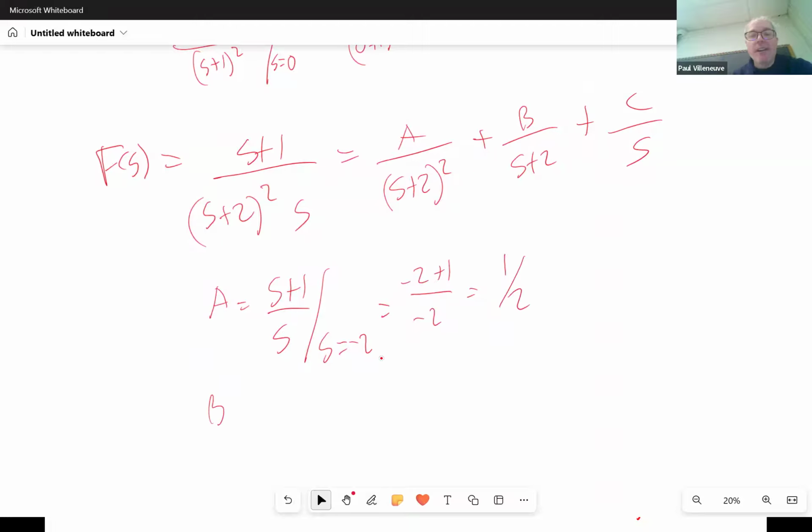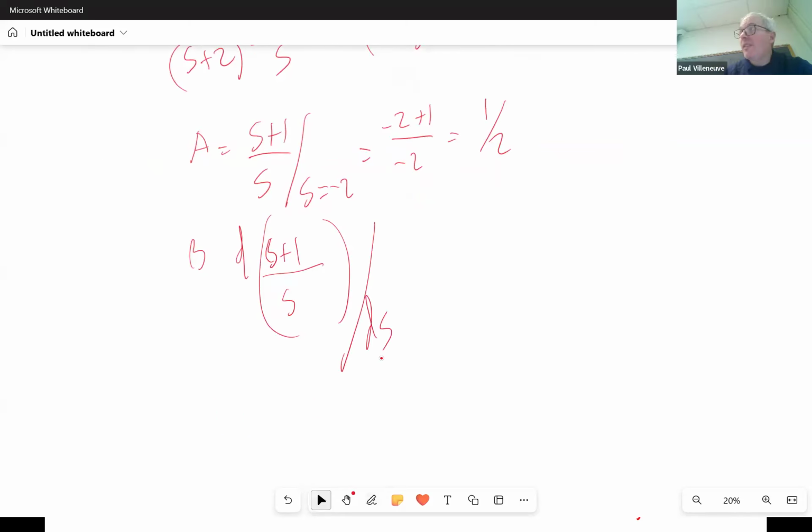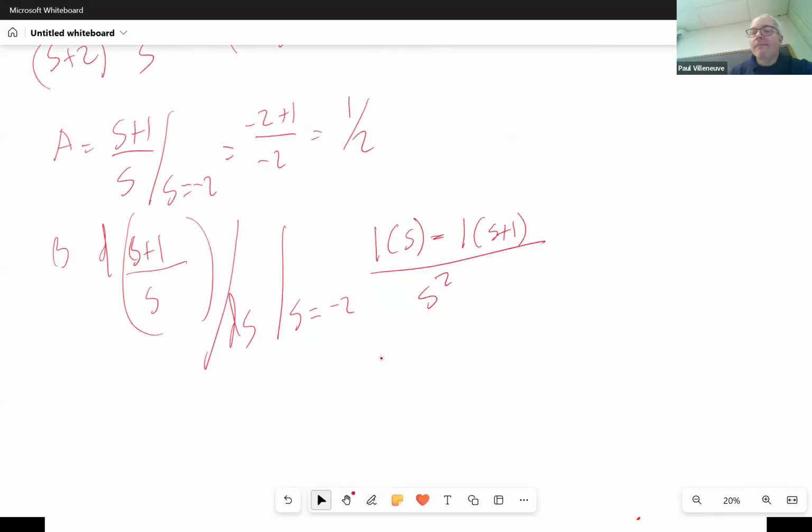B, now I've got to do the derivative, right? So I've got to take the derivative of s plus 1 over s and evaluate that at s equals -2. So the derivative of that is the derivative of the numerator times the denominator minus the derivative of the denominator times the numerator, all over the denominator squared, right?